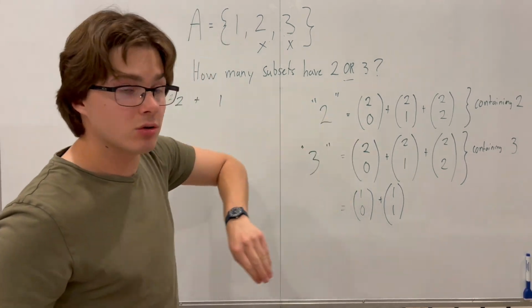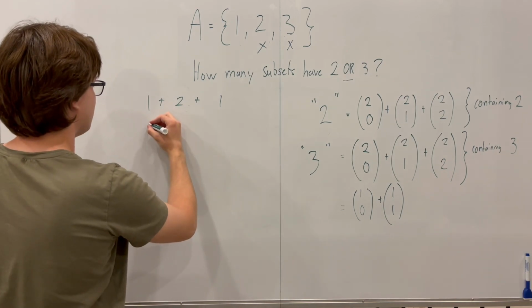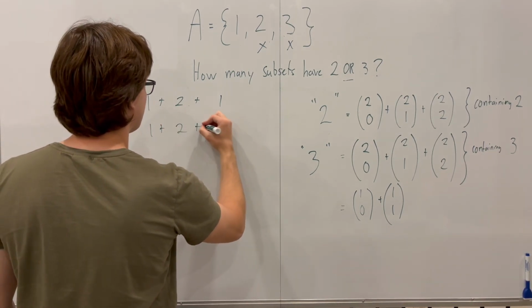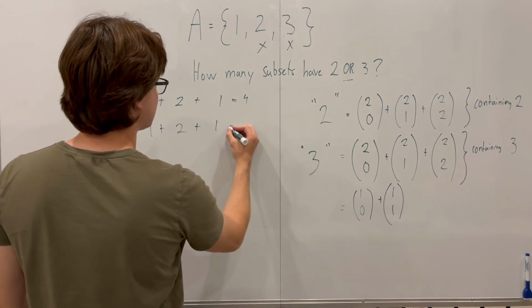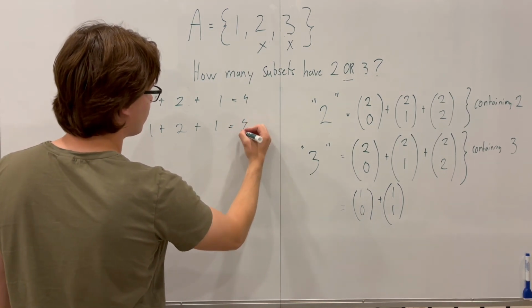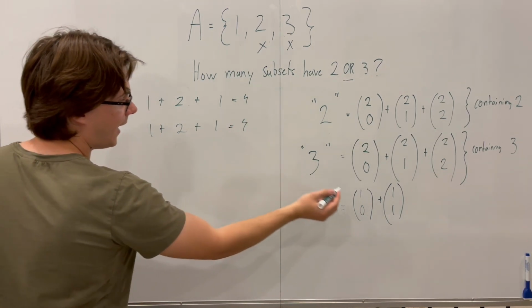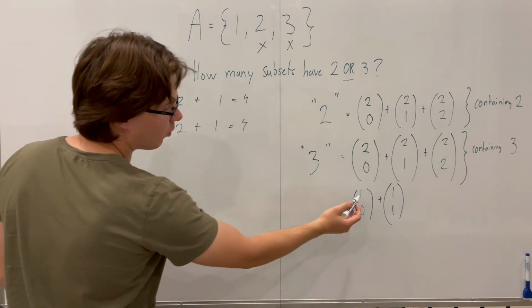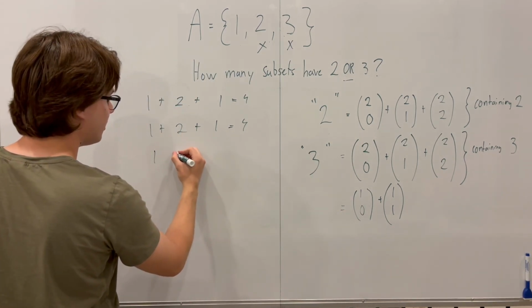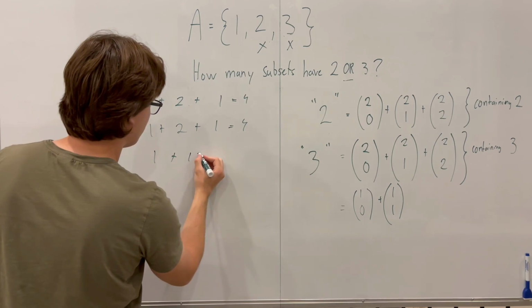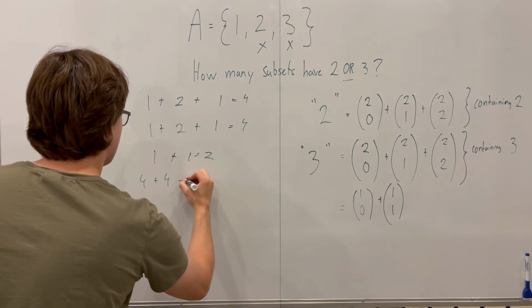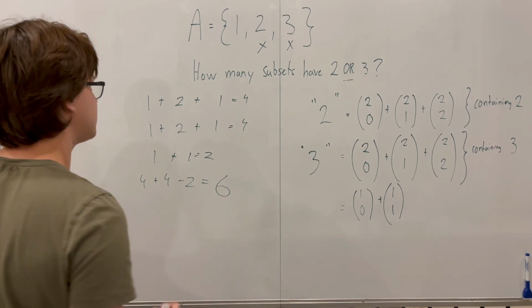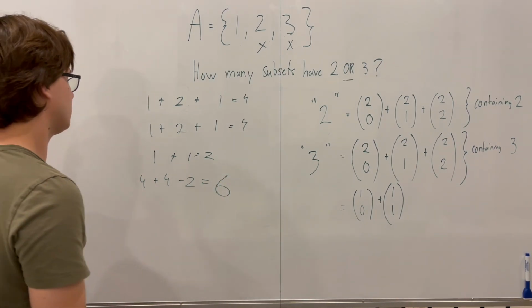It's identical. These are the exact same options for having the sets only containing 3. So we're going to say there are 4 subsets containing 2. There are 4 subsets containing 3. How many subsets contain both of them? Well, 1 choose 0 is going to be 1. 1 choose 1 is going to be 1, so there's 2. So our answer is going to be 4 plus 4 minus 2, which is in fact going to be 6, the answer we're looking for.